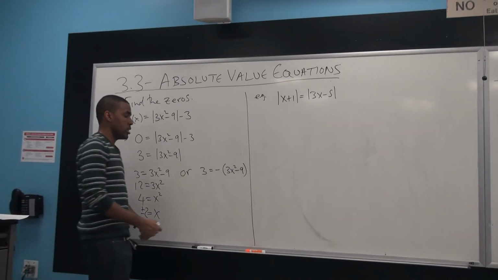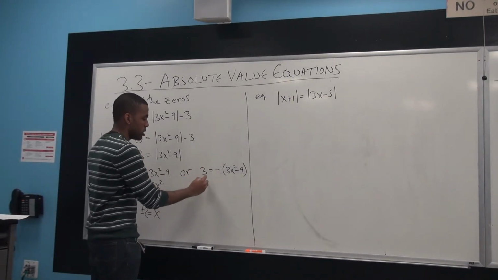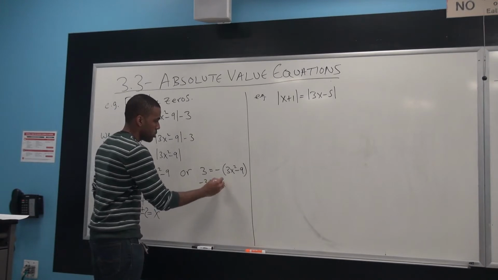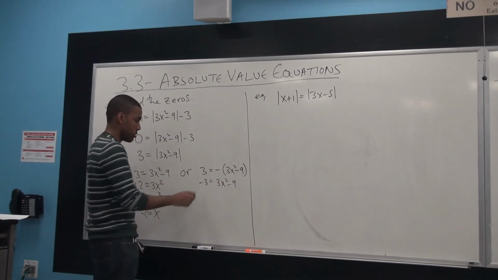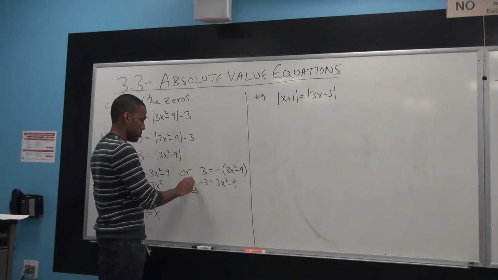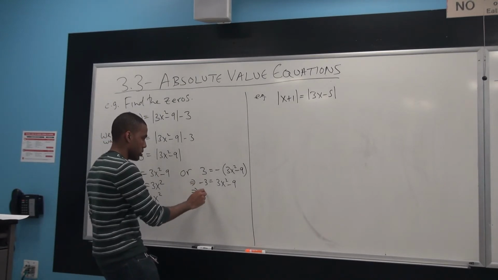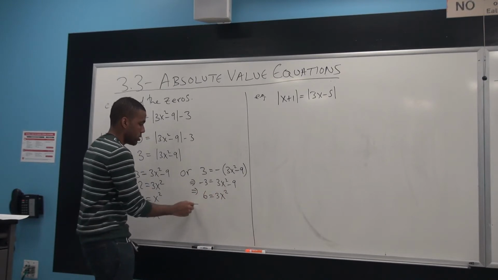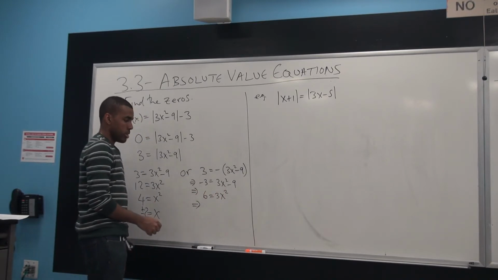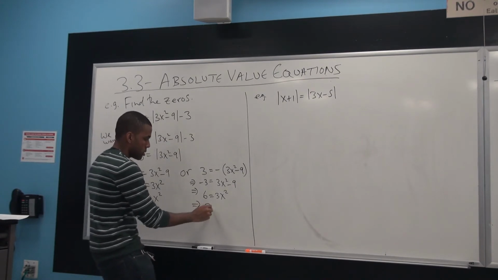So here, you can move the minus over. This is just minus 3 equals 3x squared minus 9. You can add 9 to both sides. So this would give us 6 equals 3x squared. And then I can divide by 3 on both sides.